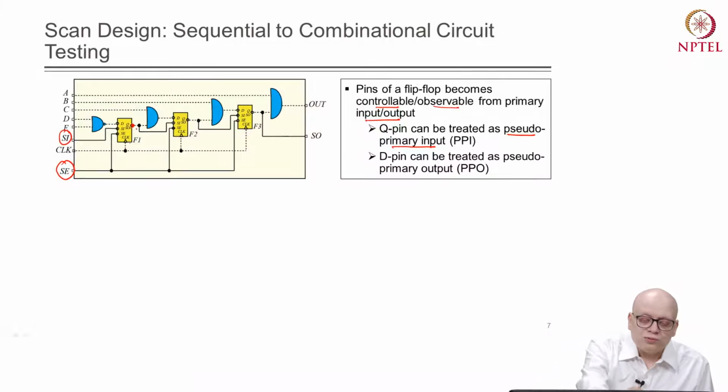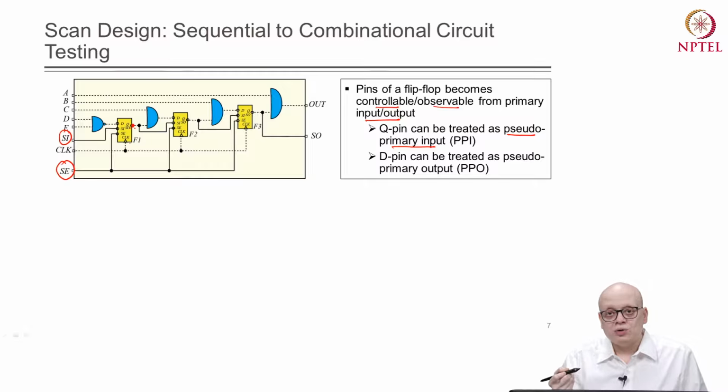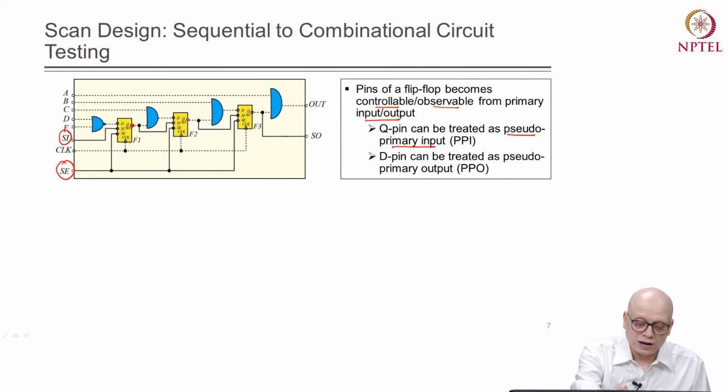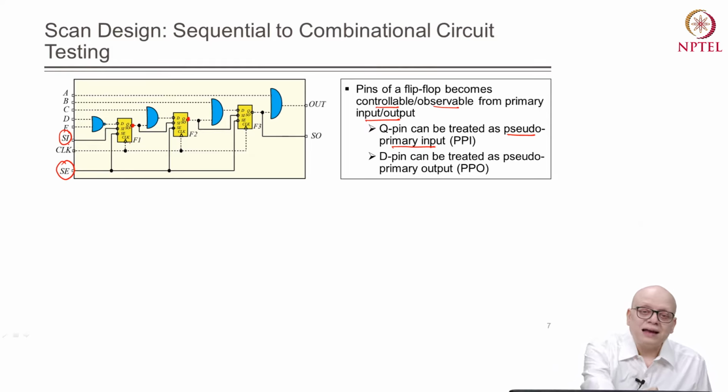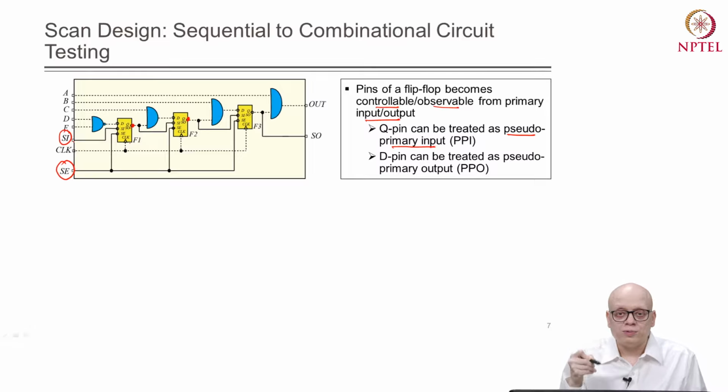Because if we want to write any value, 0 or 1, at the Q pin, we can obtain that with the help of the scan input port. We apply the appropriate value at the scan input port, make scan enable 1 and allow the clock to propagate, and we will obtain 0 or 1 at this point.